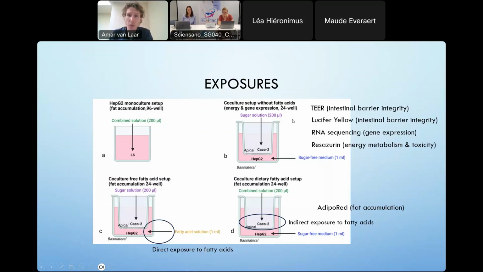We perform that only once, so don't monitor that, but that's just at the end. And that's a yellow dye that would leak through disrupted barriers. Also performed RNA sequencing to measure gene expression, Seahorse measurements for the energy metabolism and toxicity effects, and AdipoRed to measure the intracellular fat accumulation in the liver cells after these exposures.